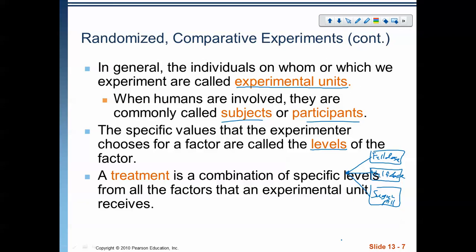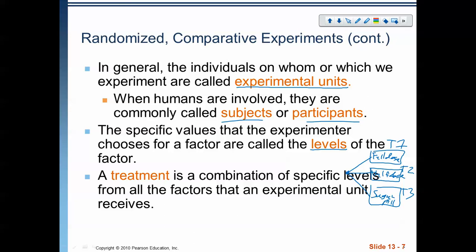A treatment is a combination of specific levels from all the factors that an experimental unit receives. So this up here is treatment 1, this is treatment 2, and this is treatment 3. This is the full dose treatment, this is the half dose treatment, and this is the placebo treatment, the sugar pill treatment.